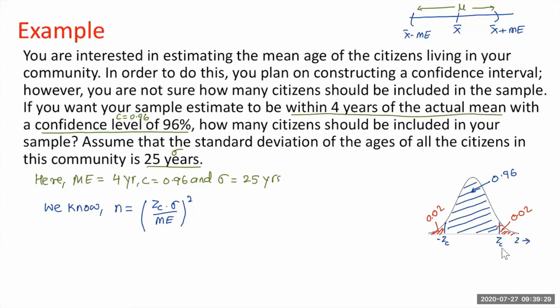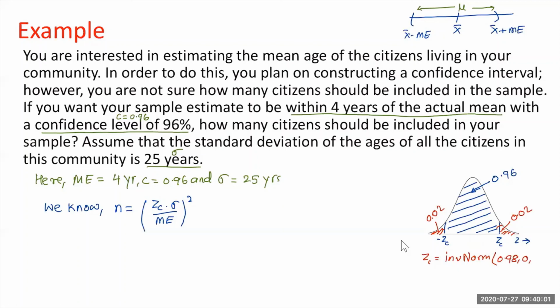So if I want this z sub c, we use the inverse normal. In order to find the z score, we have to use the inverse normal. The area from here all the way to the left is 96% plus 2%, or 0.96 plus 0.02, that is 98%, or 0.98.